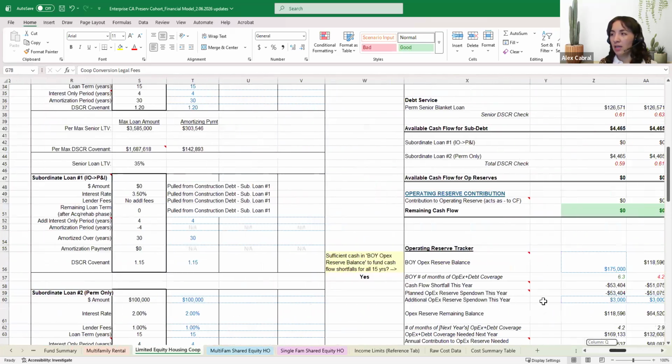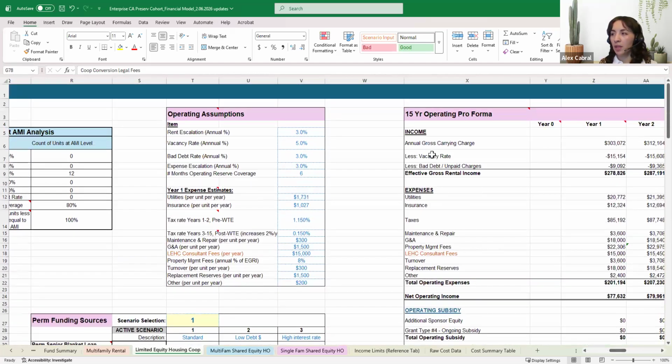When we go over here to the 15-year operating pro forma and the operating assumptions, we included a row for limited equity housing co-op consultant fees. This is important because managing a limited equity cooperative takes a lot of energy and knowledge and expertise.